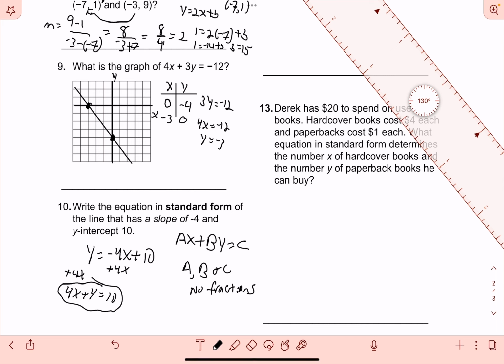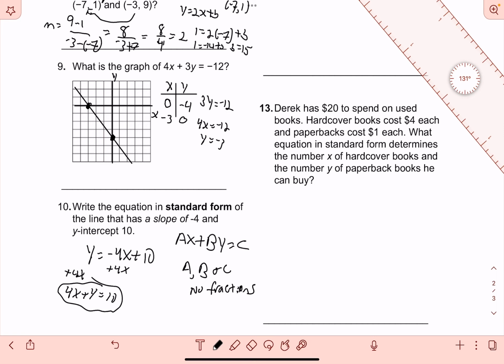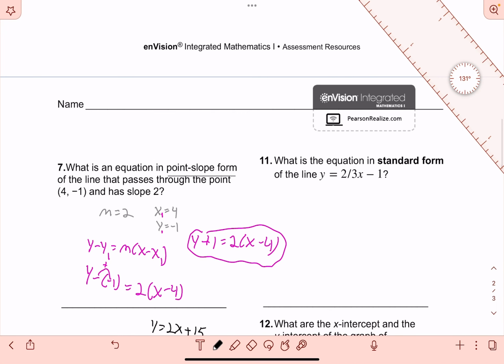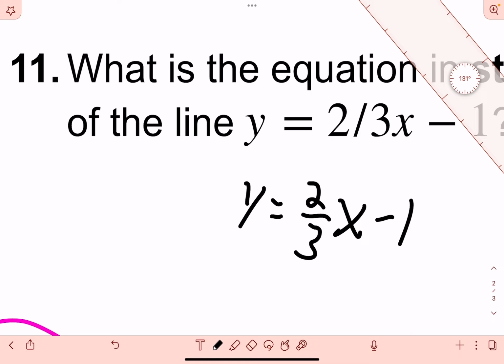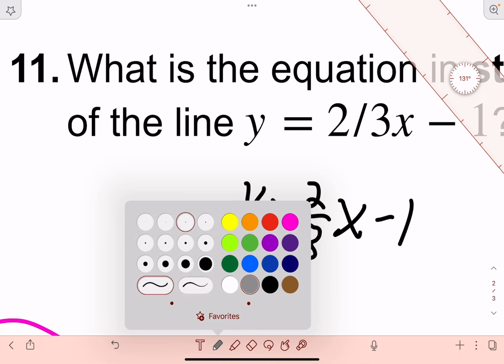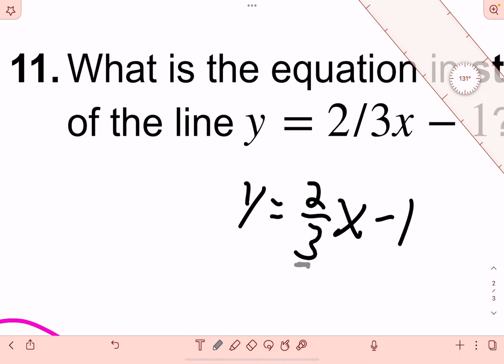Now, what is the equation in standard form of this? This one's a little bit uglier because now we do have a fraction. So we have to get rid of that 3 right there by multiplying both sides of the equation by 3.